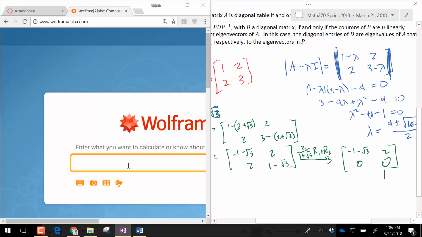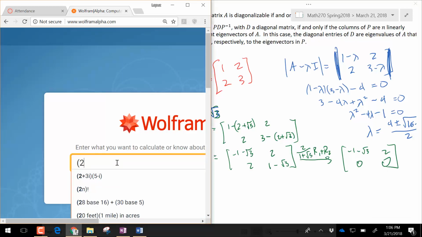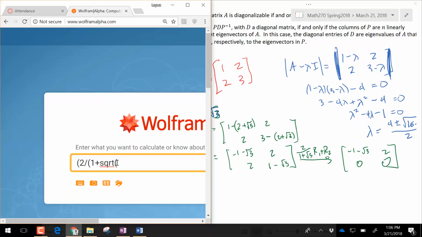This is just a simple algebra thing. 2 divided by 1 plus square root of 3, times 2, and then I want to add it to 1 minus square root of 3.